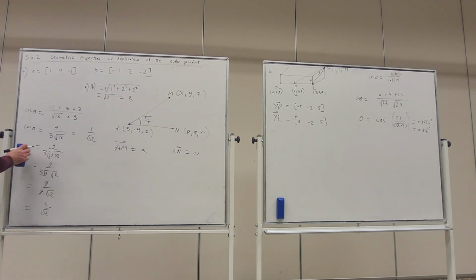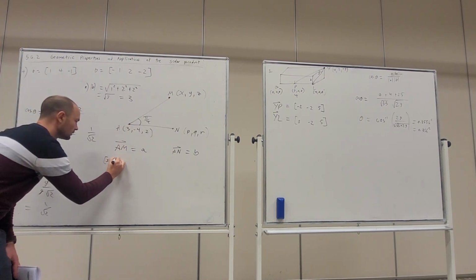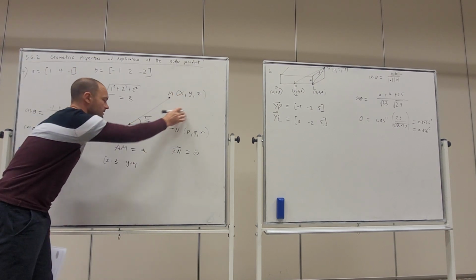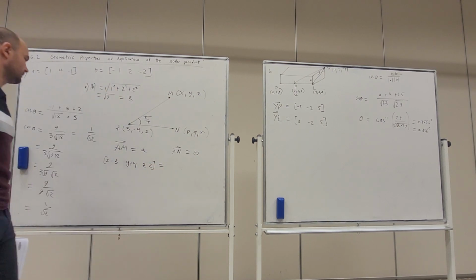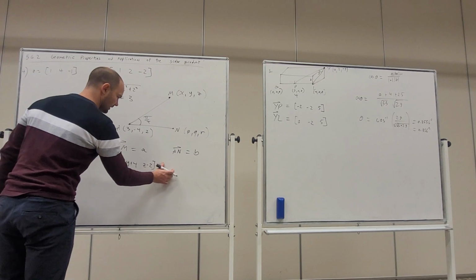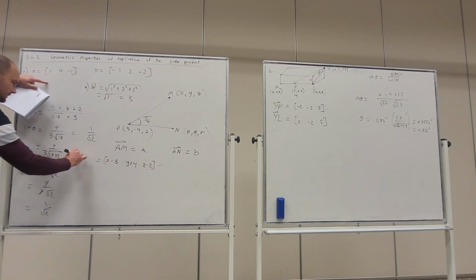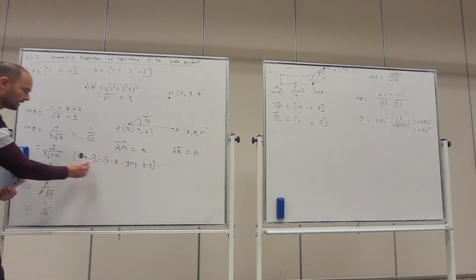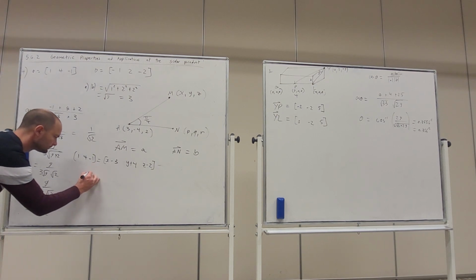So vector AM, the vector from A to M, is equal to X take 3, Y plus 4, and Z take 2. And I might just move to my left. I'll put the vector A on my left. Is equal to 1, 4, minus 1. Alright, so X take 3 equals 1, X has to be 4.